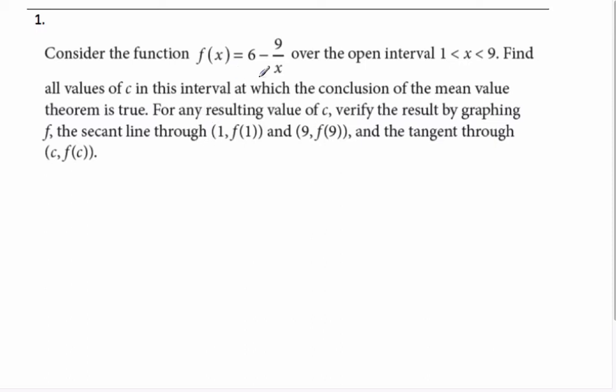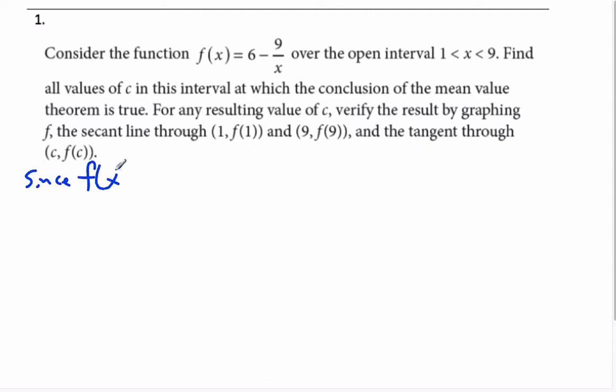Okay, so we're going to use these now to solve some problems. First one, consider this function on the open interval from 1 to 9. Find all values c in this interval at which the conclusion of the mean value theorem is true. For any resulting value, verify it by graphing. Okay, so firstly, because it's continuous and differentiable on 1 to 9, I'm going to write that down.